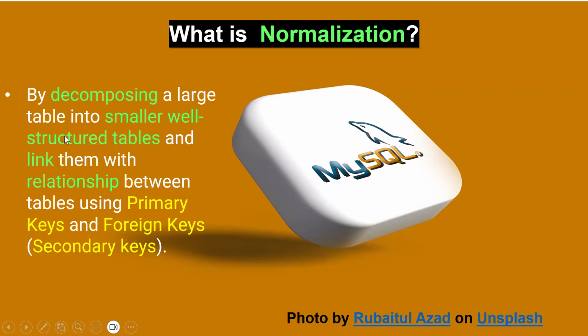And here I say almost the same thing: decomposing a larger table into smaller, well-structured tables. Well-structured meaning the primary key, foreign key relationship, and the candidate keys, non-keys, and the unique keys. You go through those 5 normal forms to make sure that you follow all those processes or rules so your database is normalized. I'm going to show you all those rules after this.